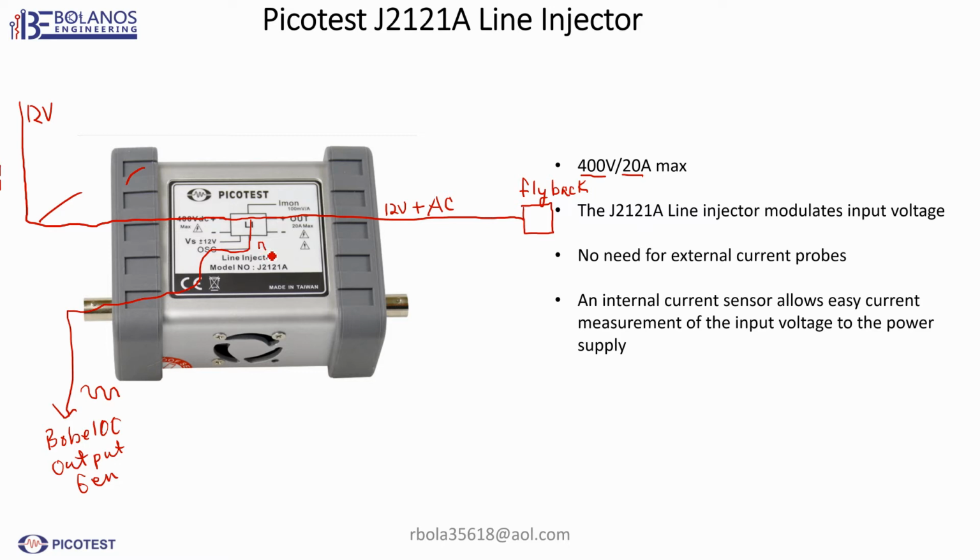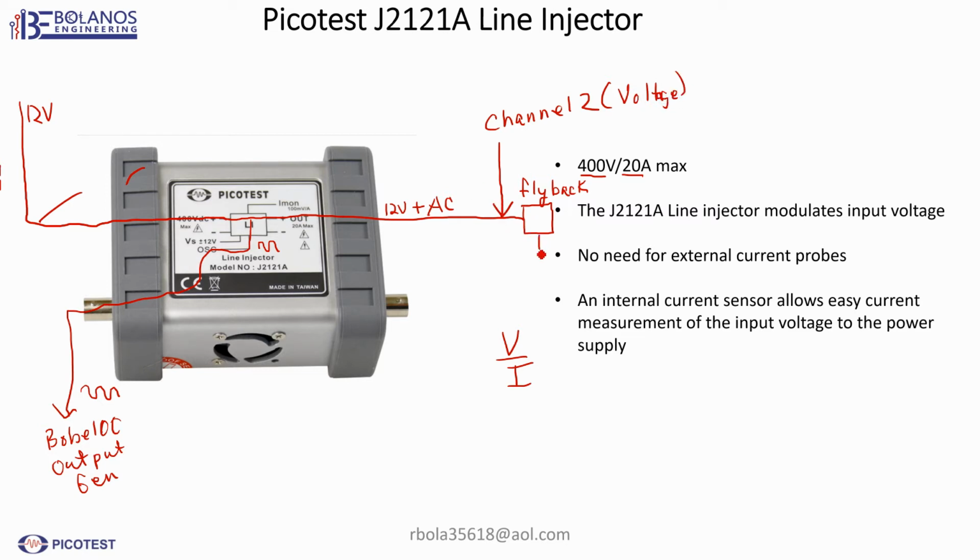Okay, so I'm going to talk a little bit about the J2121, how it works. In my case, I'm going to have an input voltage fed on the right side. I'm going to put 12 volts input. Now this injector you can put up to 400 volts and 20 amps, but in my case it's just 12 volts.